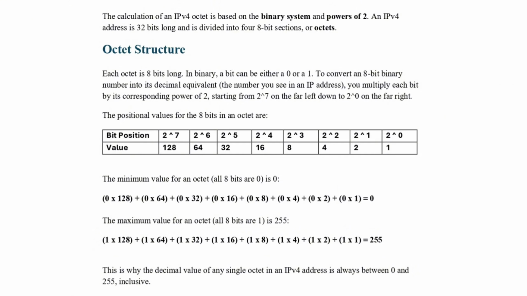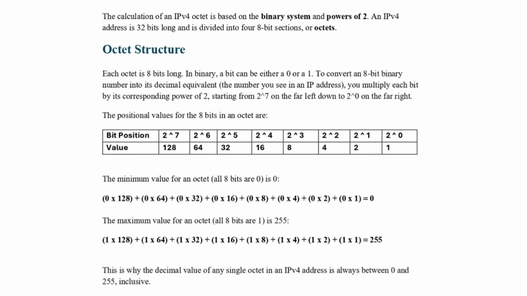The minimum value for an octet is when all 8 bits are 0. So the minimum value of each octet in an IPv4 address is 0, and the maximum it can be is 255. As an example, 0 times 128 plus 0 times 64, and so on until 0 times 1, all calculated, equals 0.